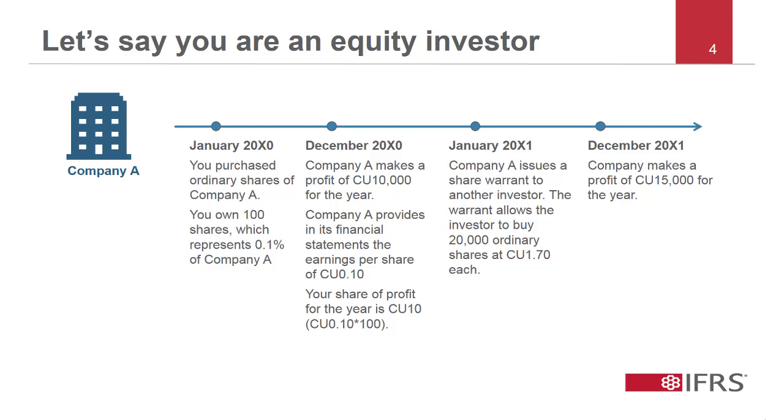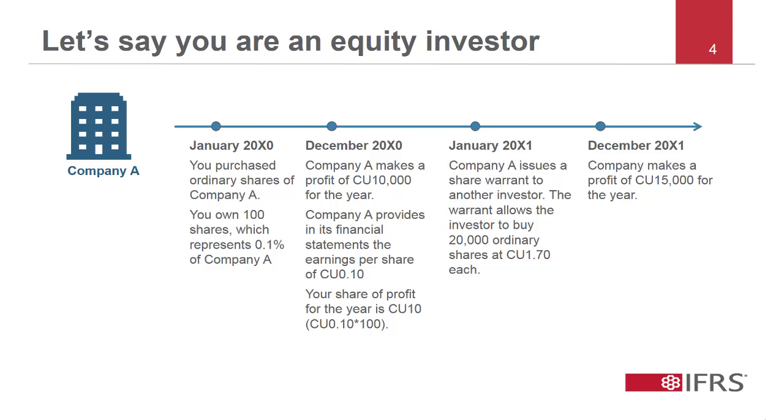Company A provides in its financial statements the earnings per share of currency units 0.10. From this, you will easily be able to work out that your share of profit for the year is currency units 10.